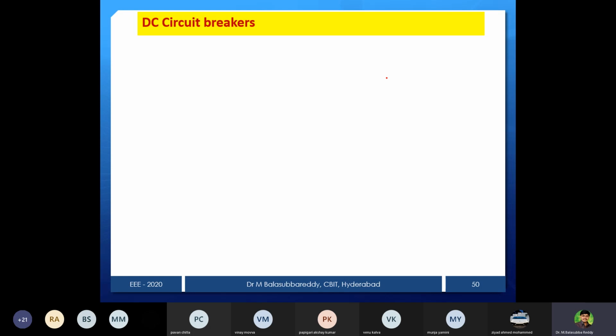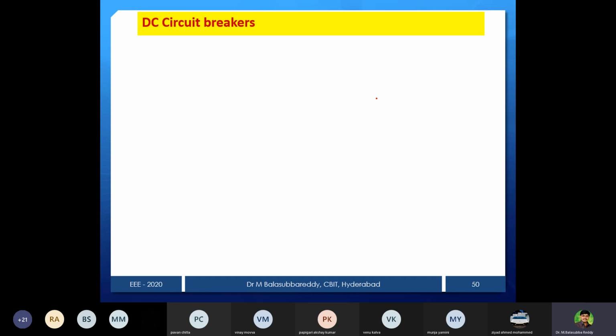Now we'll see DC circuit breakers also. The problem with DC is, as everybody knows, that the current will not go to natural zero. Whereas on the AC side, with a circuit breaker, the current goes to natural zero at some instant, and it is quite simple to quench the arc and isolate the system.